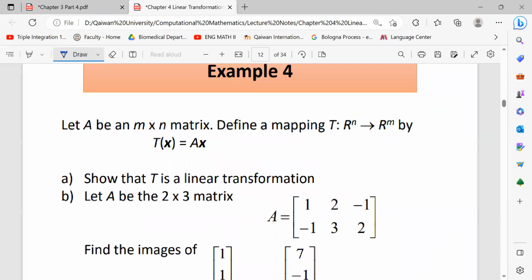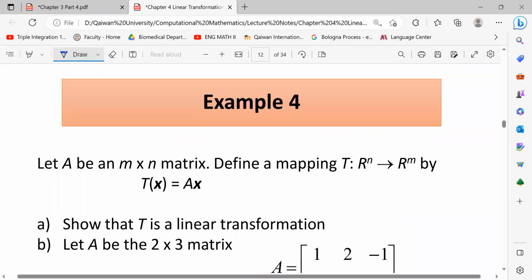Look at this. It says, let A be an m by n matrix. Here A is a matrix of m by n. Define a mapping T from Rn to Rm, T of x equals A times x. That means if we take any vector, we say it is A times the vector.